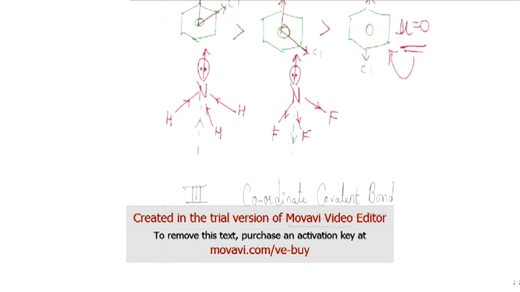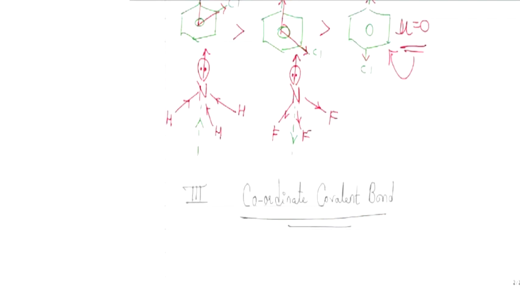Not all covalent bonds are formed by proportionate sharing of electrons between the two atoms. Each one of them generally will give 1 electron for sharing, and a covalent bond gets formed. This is a normal covalent bond.